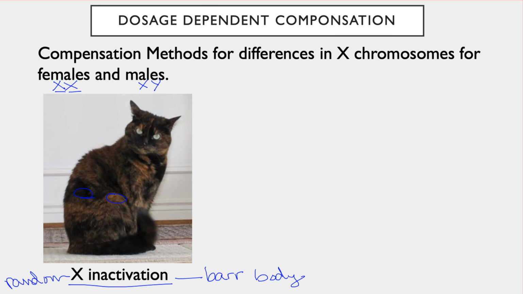And since any cell does this process, all of the descendants of those cells will have the same X inactivated. The interesting thing is that this process is random after fertilization.